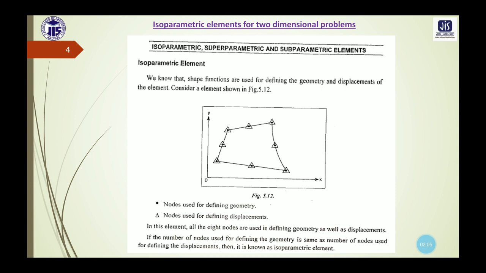In the last lecture we have discussed the concept of isoparametric elements, and there we have seen that the triangular or rectangular elements are not very useful or efficient in case of irregular geometries when we perform the discretization, but in case of complex geometries, irregular geometries or curved surfaces, to perform the discretization such isoparametric elements are used.